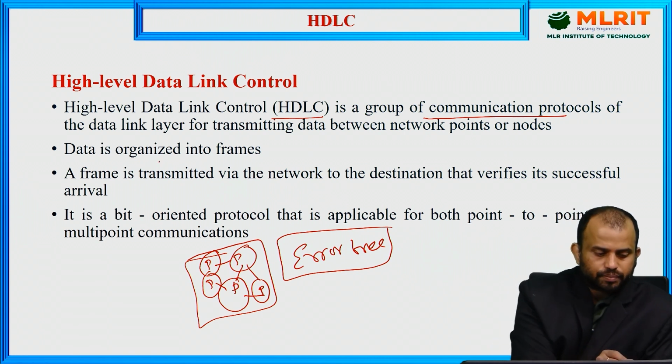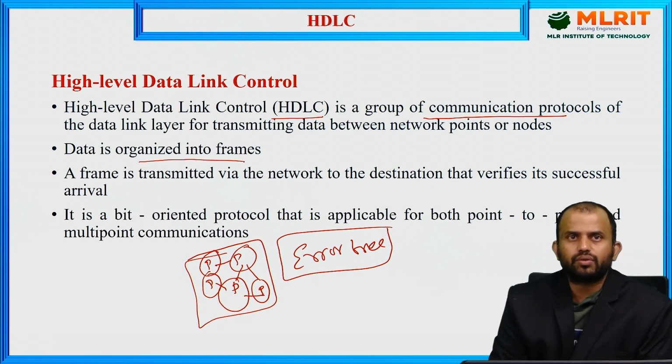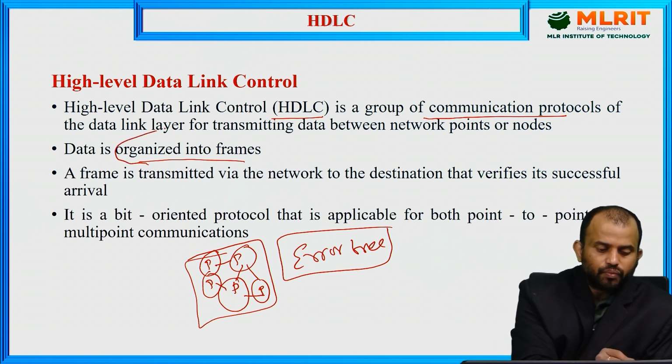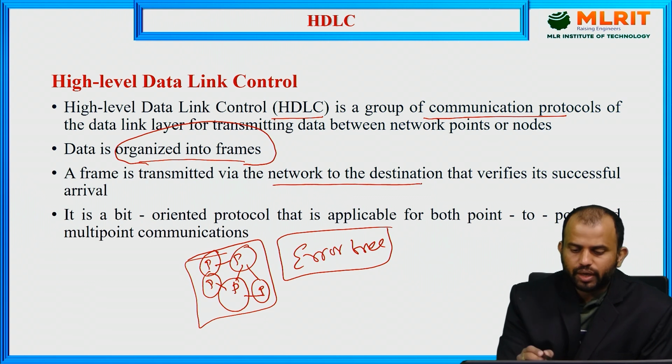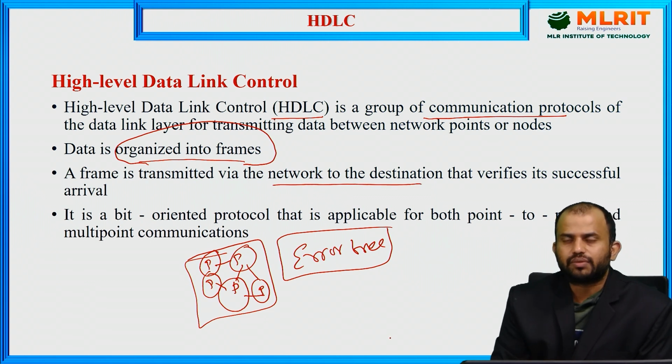In this, the data is organized in frames. In the previous protocols also, information was transmitted in the form of frame structure, but here we implement an organized frame format. These frames are transmitted through a network to the destination, which verifies whether reception is successful or not.